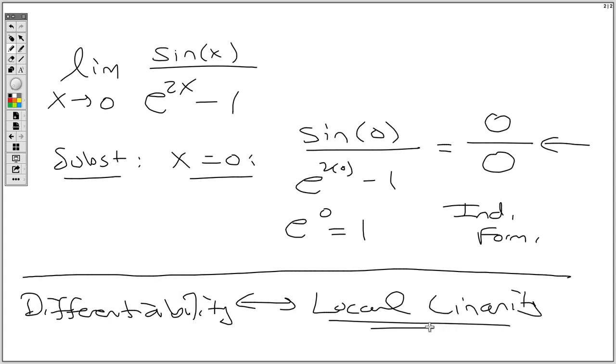If there's nothing else you take from this class going into the distant murky future, it's that differentiable means things are locally linear. So I'm heading into 0. Both of these functions, sine and e to 2x minus 1, are differentiable at 0.